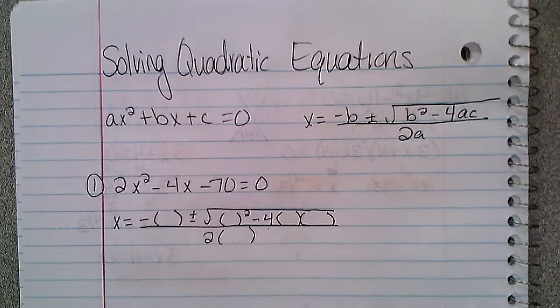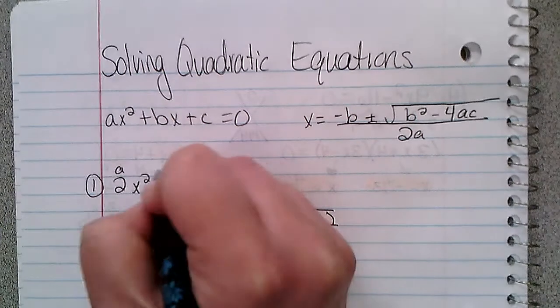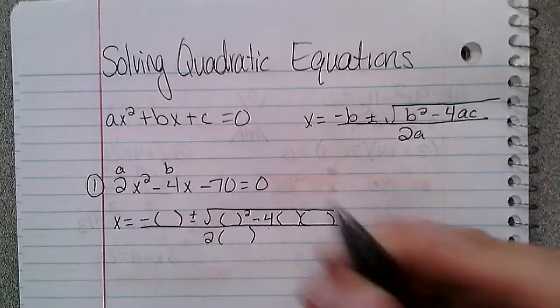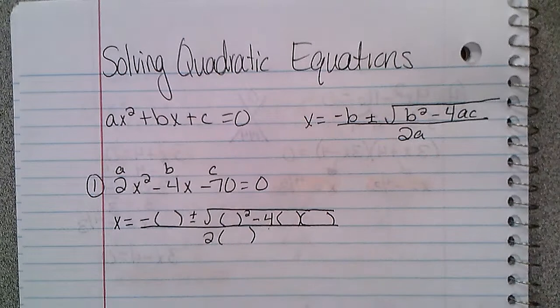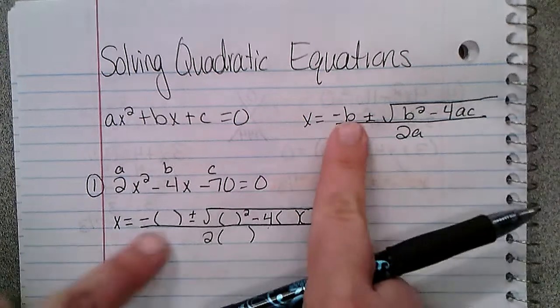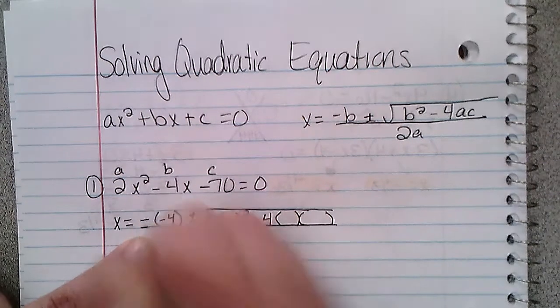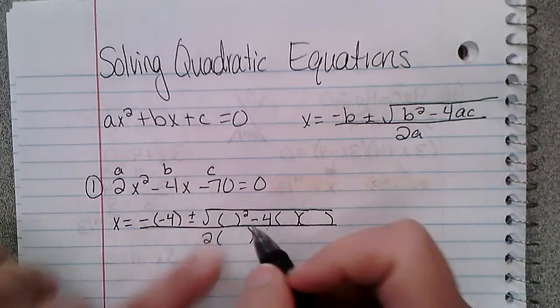So now all I have to do is put numbers where they go. So a is 2, b is negative 4, and c is negative 70. So using this template, I just refer back to the formula. So this first parenthesis is going to be my b value, so negative of negative 4.